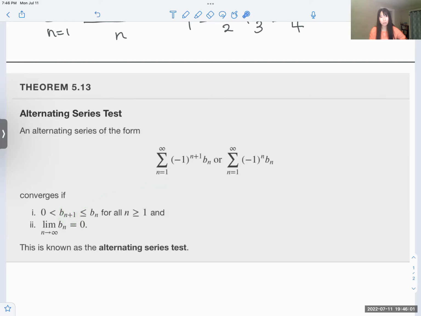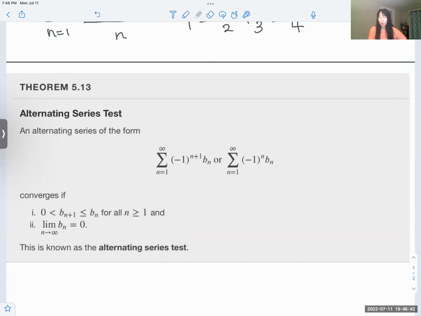I'm going to show you how. Look, we have to satisfy one thing, and then also we must satisfy this one. We take the limit as n approaches positive infinity, b sub n equals 0. Then we can say that this converges by the alternating series test, okay?